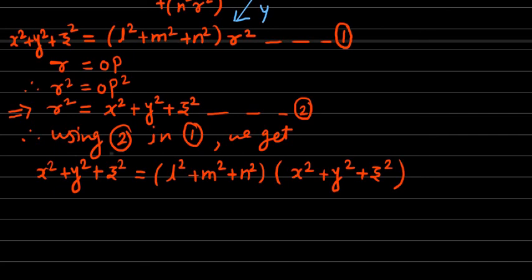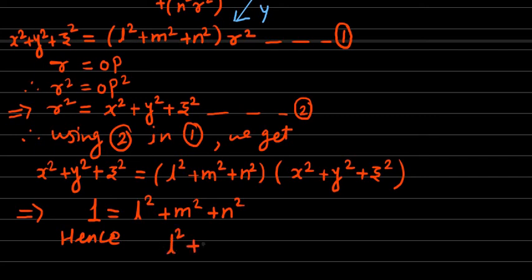Now dividing both sides by x square plus y square plus z square, we get 1 is equal to l square plus m square plus n square. Therefore we got the relationship between the direction cosines, and that relationship is l square plus m square plus n square is equal to 1.